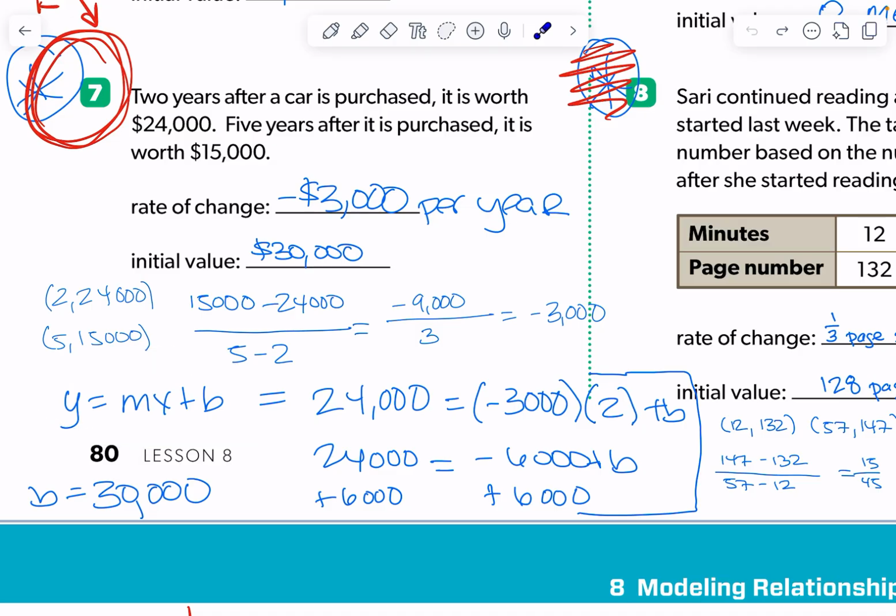From there, we are going to plug in either 2 and 24,000, or we're going to plug in 5 and 15,000, for our x and our y, and that is going to give us $6,000 that we have lost after 2 years. We're going to add that 6,000 to the 24,000 to give us a total of 30,000.